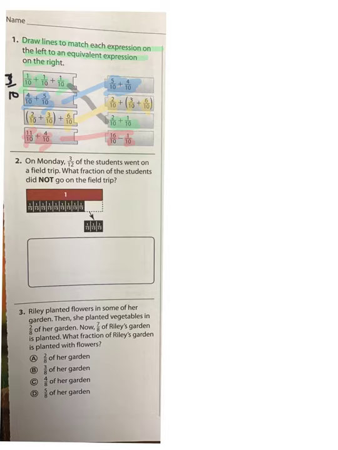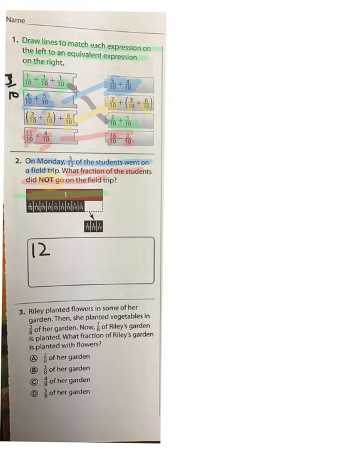Number 2. On Monday, 3/12 of the students went on a field trip. We want to know what fraction of the students did not go on the field trip. So here we have our whole. And then if I look at this equation, it's asking how many did not go. Since we know that 3/12 went, so one whole would be 12/12.